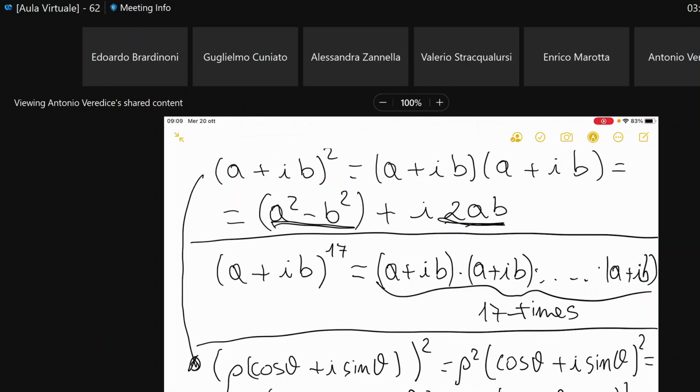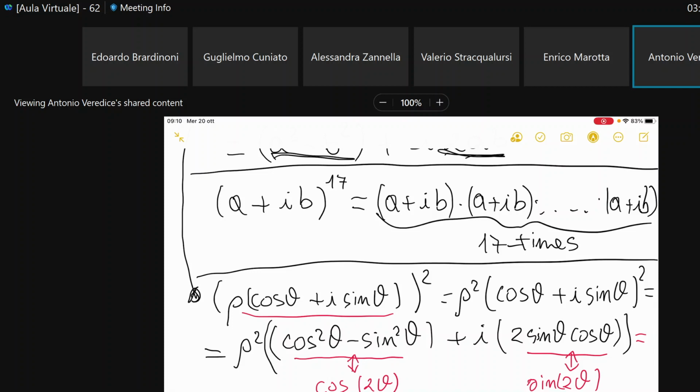Okay, so I wrote this power of the a plus ib written in trigonometric form to introduce you the De Moivre formula that I will write in the general form. But this is a particular case where we have rho squared times cosine of 2 theta plus I sine of 2 theta.